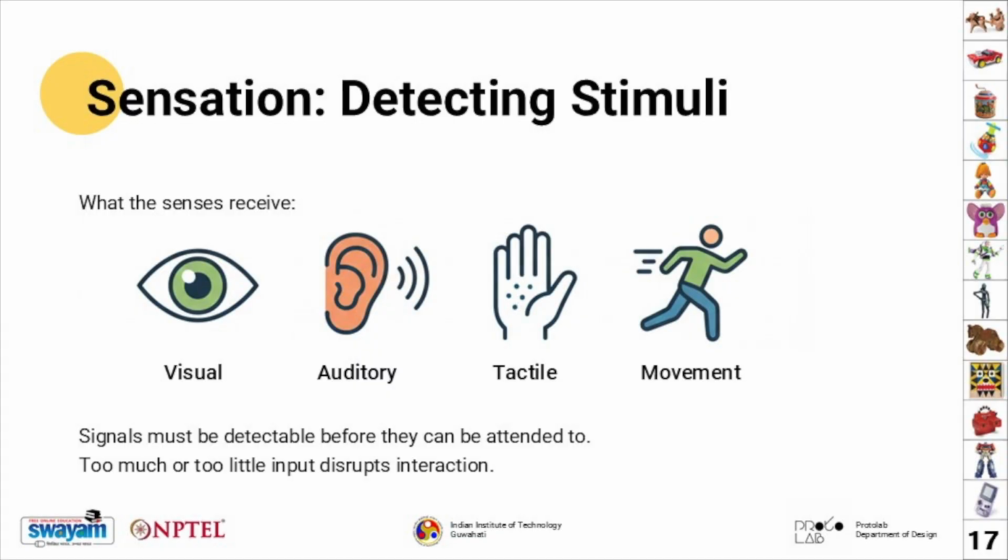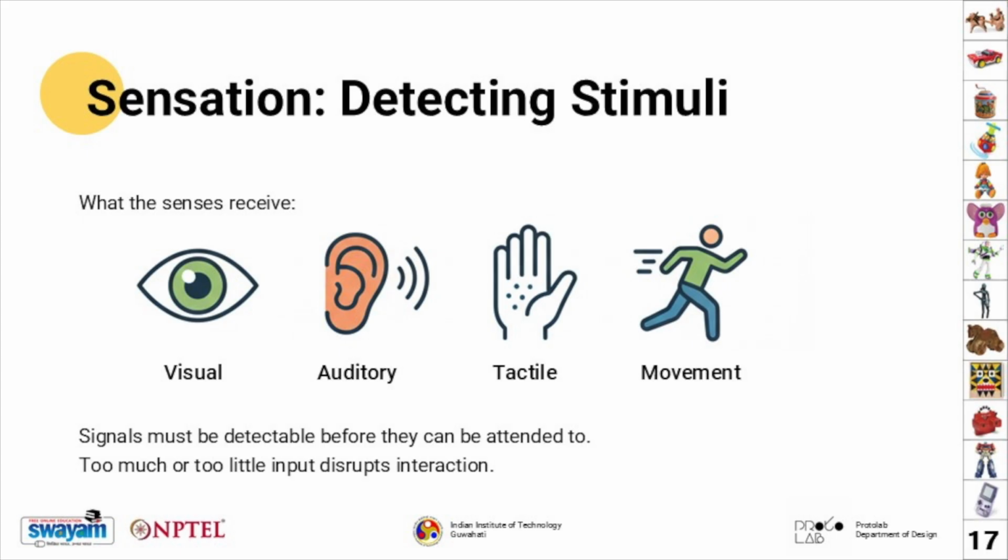Sensation is the first stage of interaction. Before understanding, the child must detect the stimulus. If visual elements are too small, they may not be seen clearly. If sound is too soft, it may not be noticed. If sound is too loud, it startles instead of informs.